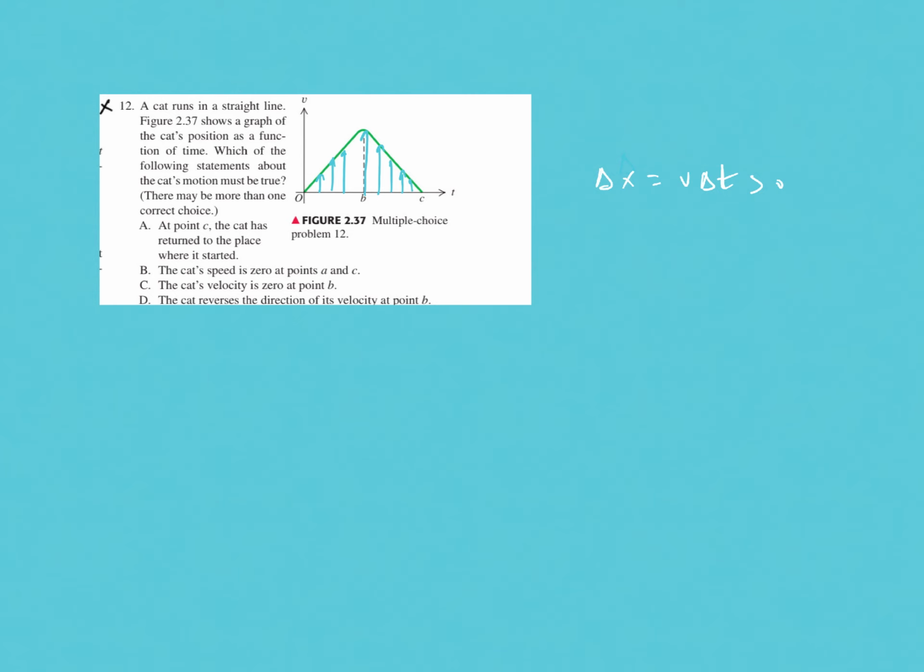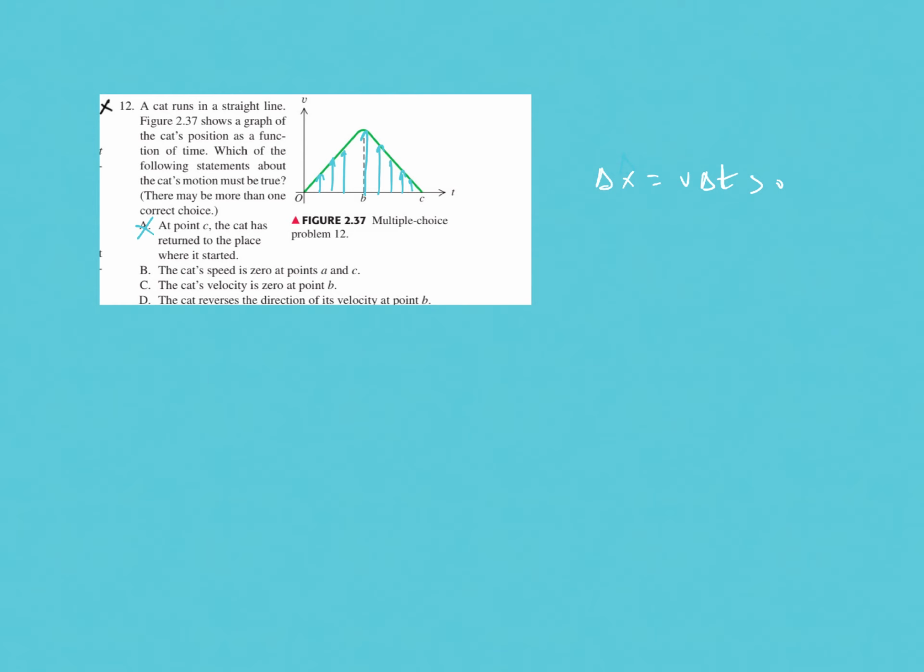He never returns. So the first question: is it true that at the point C the cat has returned to the place where it started? No, how can he return if he never comes back? The velocity is always positive. No, this is wrong.